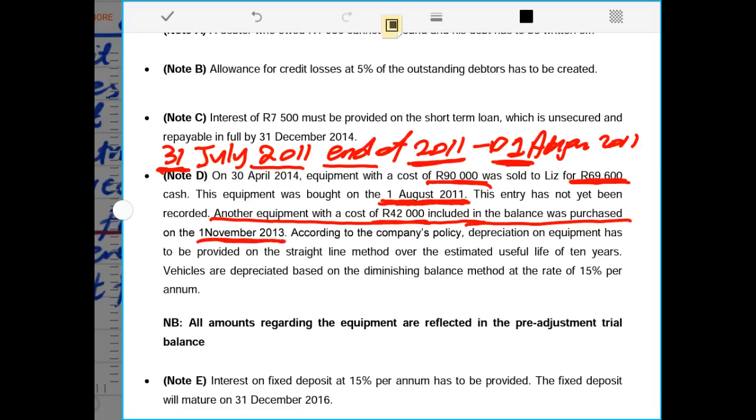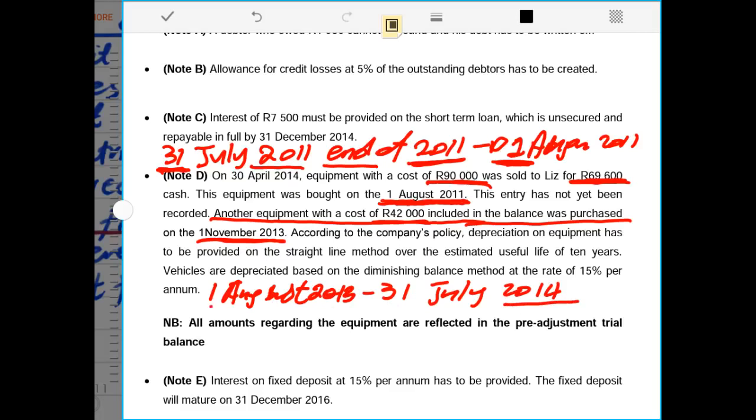So remember, the 1st of November 2013 is within the 2014 accounting period, because the 2014 accounting period started on the 1st of August. From the 1st of August 2013 until 31st of July 2014, that is the 2014 accounting period.